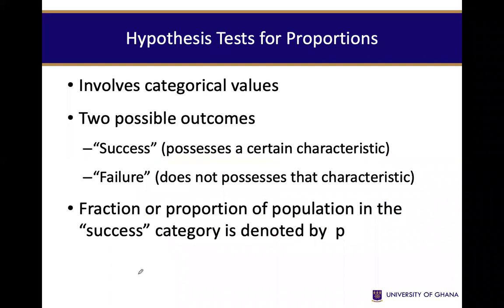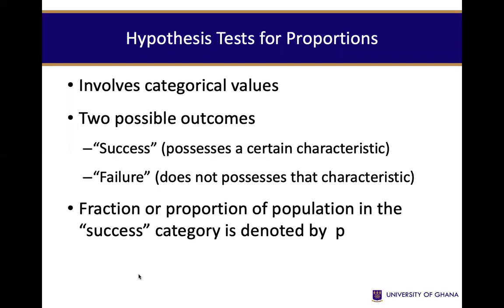Okay, now what we've done basically is to do a test of hypothesis for means. Okay, and we can also do a similar test of hypothesis for proportions. Because sometimes the conclusions and the inferences we make are for population proportions instead of just based on averages.